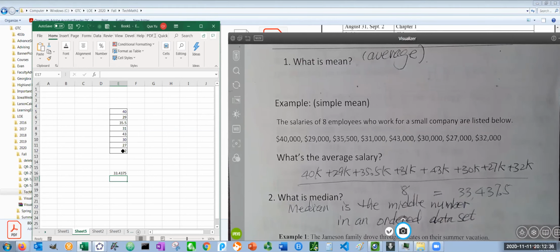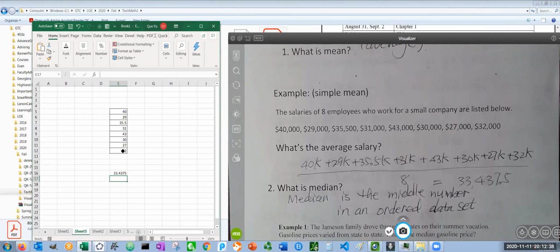That means you line up the numbers in your data set from the smallest to the largest, or from the largest to the smallest, and it doesn't make any difference. The number sitting in the middle is called the median.